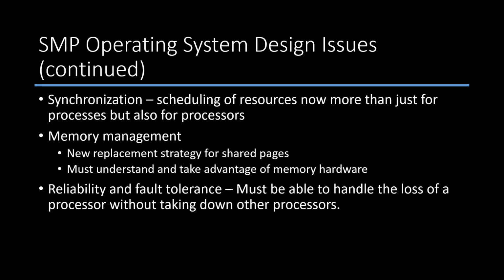So the basic design issues we have to be concerned with are synchronization. All the resources, now we need to make sure that if I have multiple cores using multiple resources, the resource is capable of identifying the core that's requesting the information or that has the information given to that particular resource. Memory management, well, we really have two ways of having pages now.